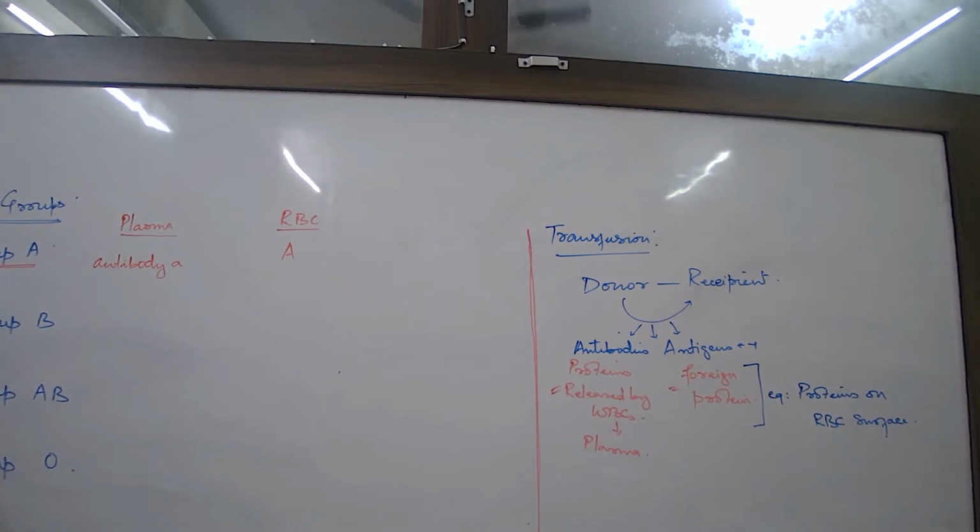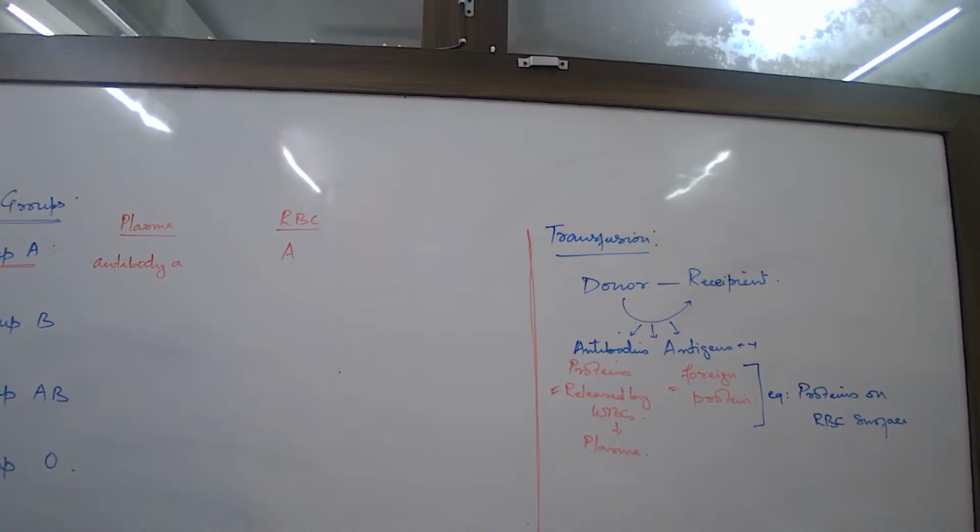Antigen. What is that word? Antigens are also a category of proteins. And antibody is also a category of proteins. Simple, try to understand what I'm saying. A person who has blood group A, what type of proteins do they have? A type of protein in the plasma that is known as antibody A. Antibody we generally write with small letters.